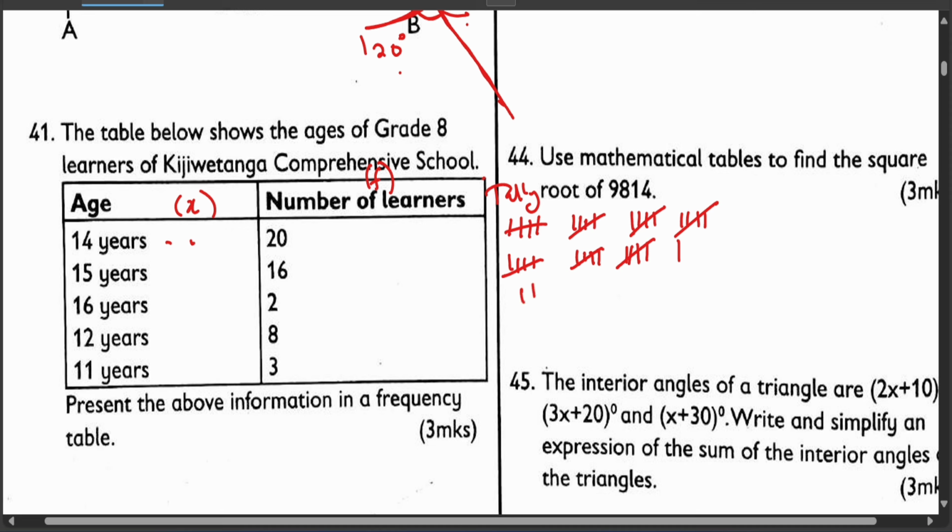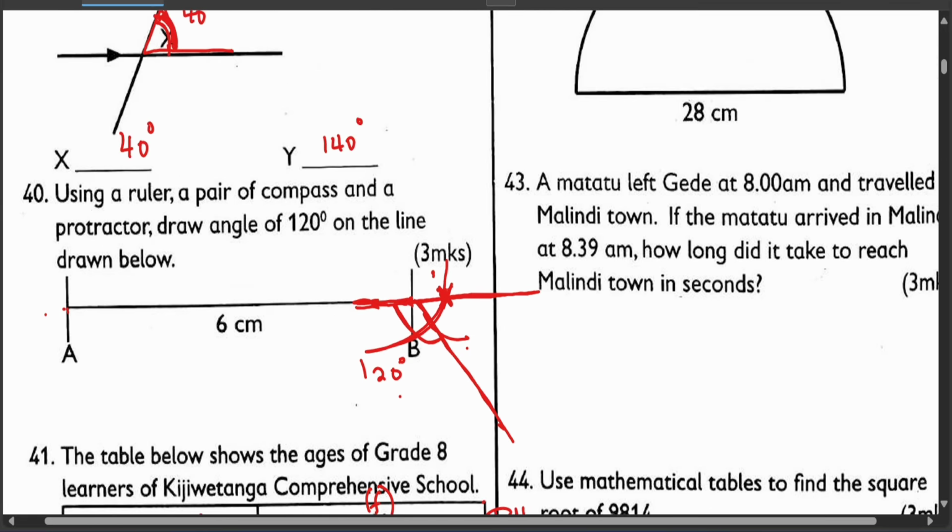The 2 just like this. The 8, 1 2 3 4 5, then 1 2 3. And the 3 just like this. So that's how you draw a tally table. But when you tell me to present the above information in a frequency table, and it's already written in a frequency table, I think they just wanted to see if you can draw a tally table as well.